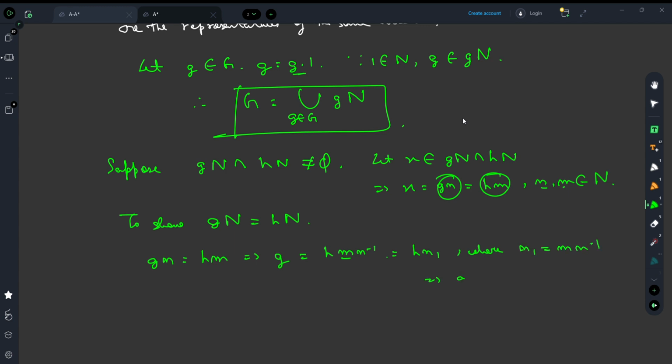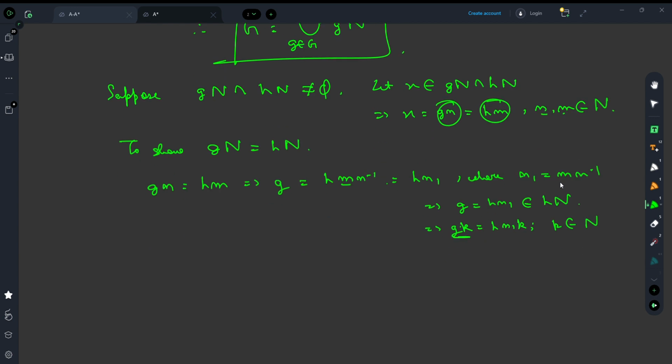But this implies that g is in the form hn1, which is an element from hN. So if g is an element from hN, this implies any element of the form gk, where k is in capital N, is of the form hn1k.